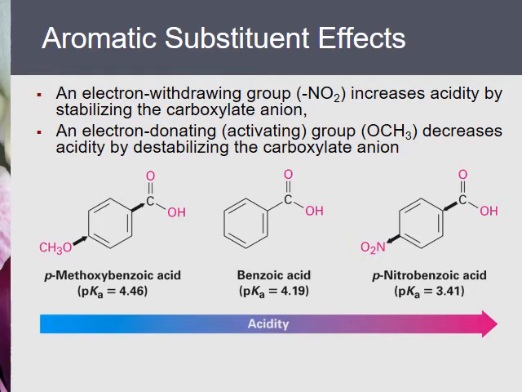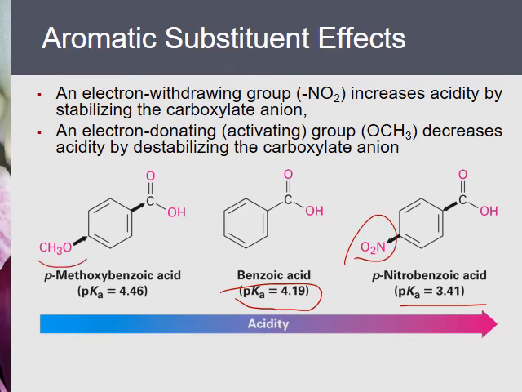Here again shows the aromatic substituent effects. Benzoic acid itself has a pKa 4.19. With electron withdrawing group or deactivator nitro group, this takes electron away from the ring but also stabilizes the conjugate base and makes the benzoic acid a stronger acid with a smaller pKa, 3.41.